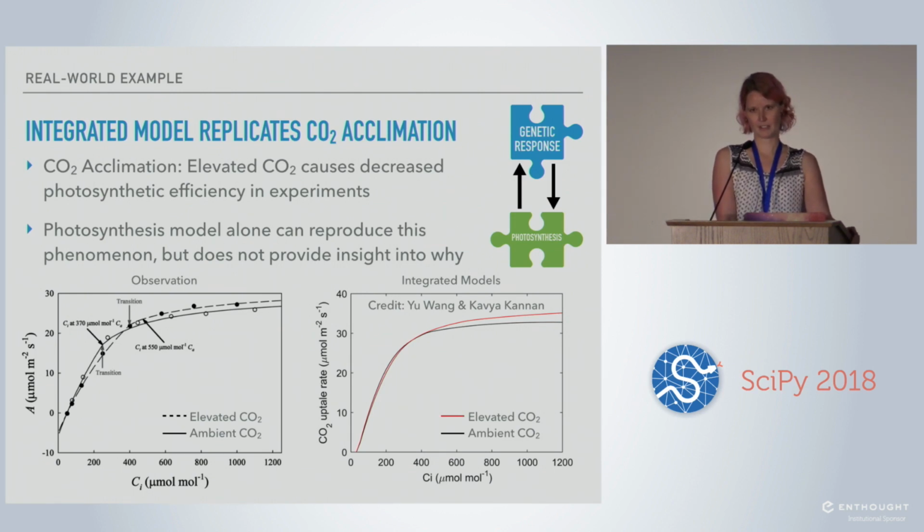The photosynthesis model on its own could be forced to replicate this, but it doesn't tell you anything about why it's happening. But if we integrate it with the genetic response to CO2, we're actually able to see that it reproduces the CO2 acclimation and also identifies 2 new genes as candidates for regulating photosynthesis. So this is, I'm told, very exciting.